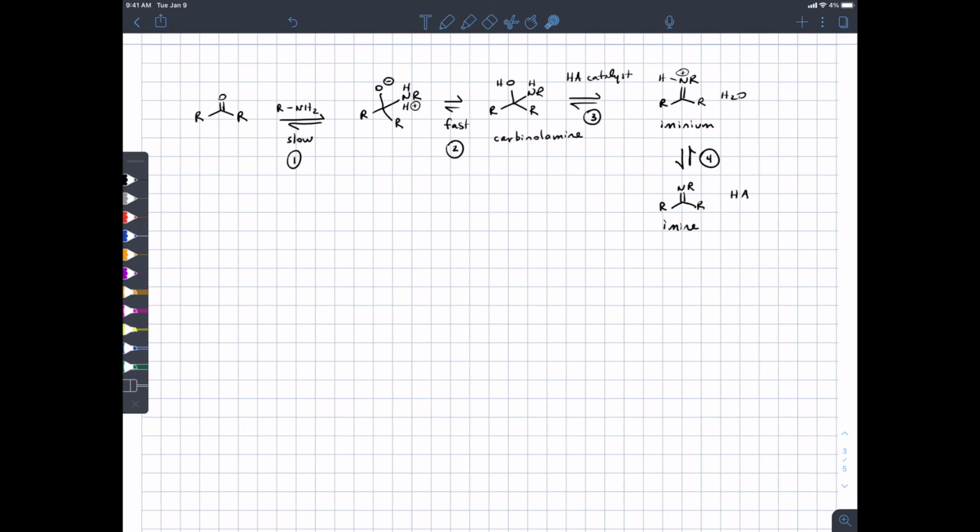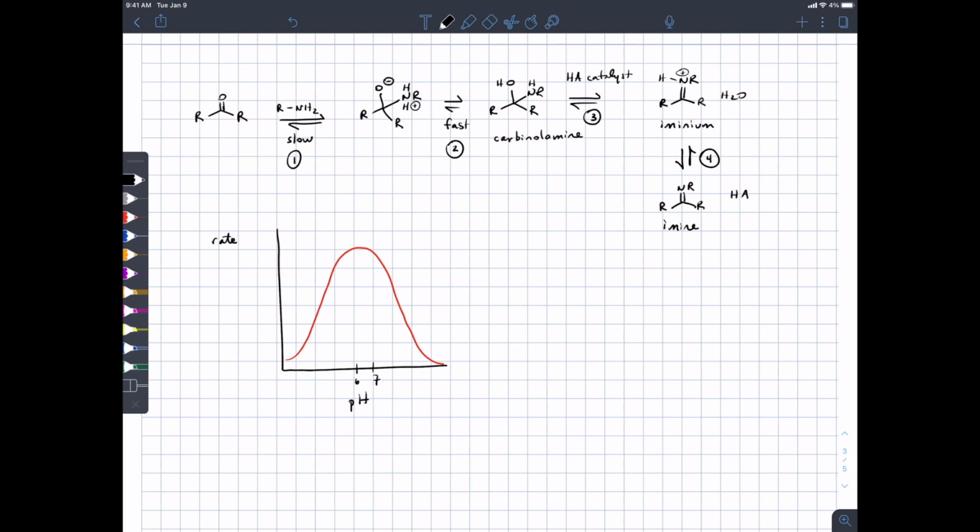All right. So imine formation has some interesting pH dependencies. If you look at the rate of imine formation as a function of pH, it basically gets to a maximum around pH 6 and 7.